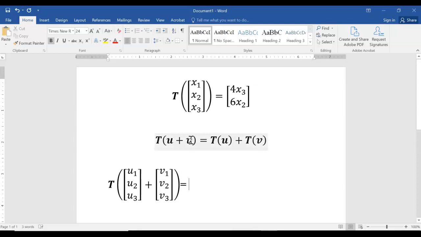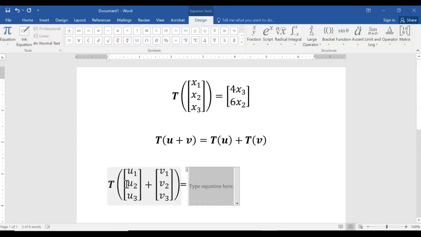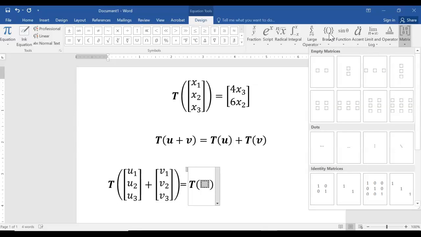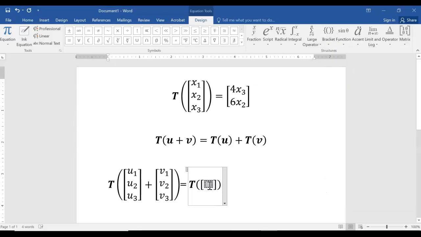Now, the left-hand side says add first. So we're going to add these two things, and we're going to get one big, ugly vector. We're going to get T of a vector that has three entries, the first of which is the number u1 plus the number v1.